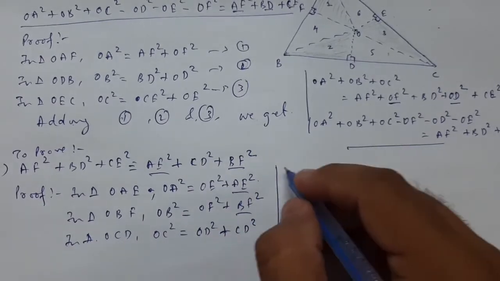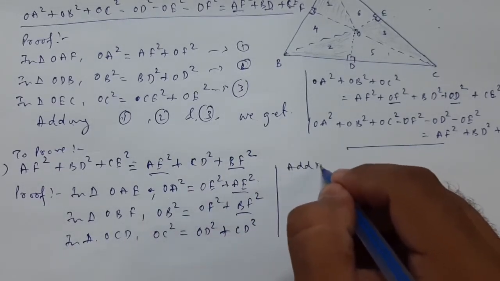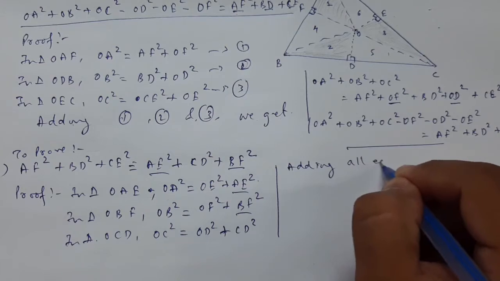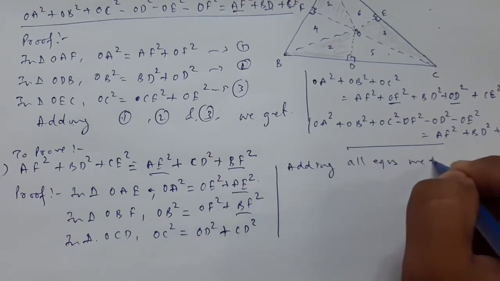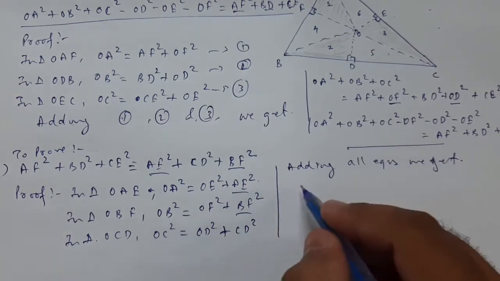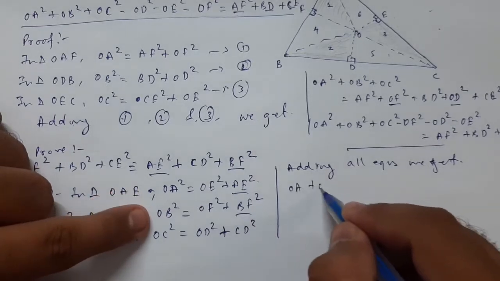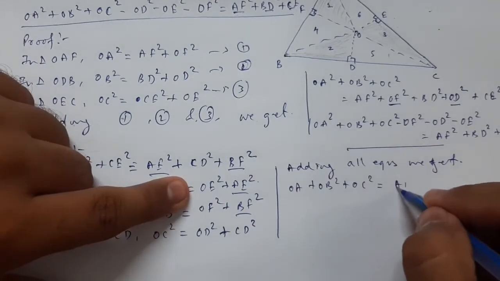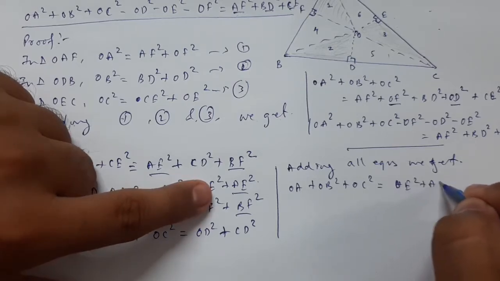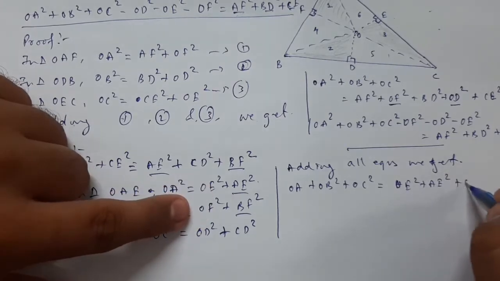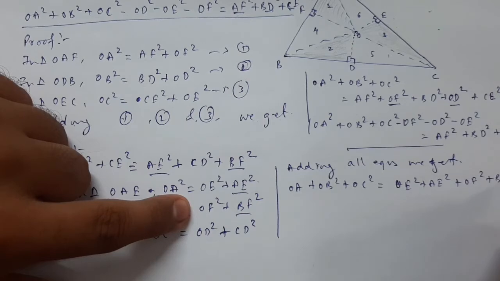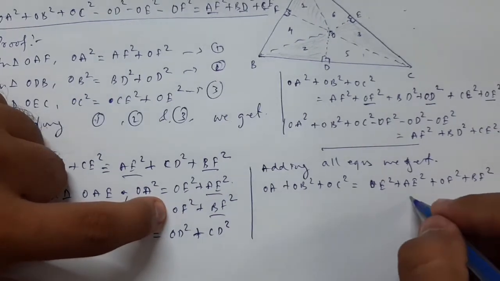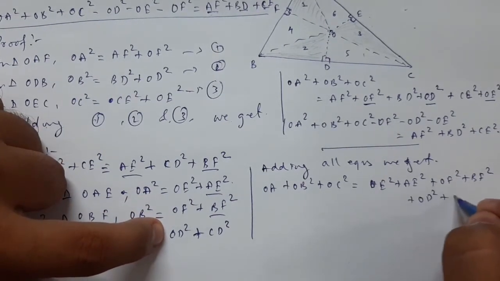So adding all this, OA square plus OB square plus OC square is equal to OE square plus AE square plus OF square plus BF square plus OD square plus CD square.